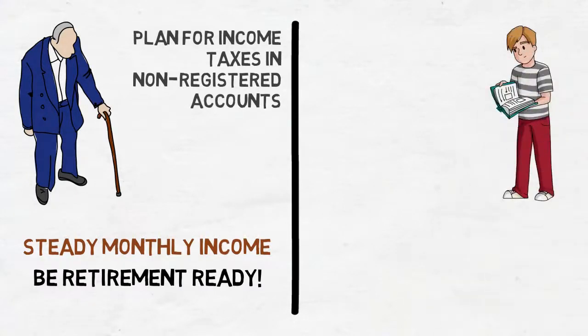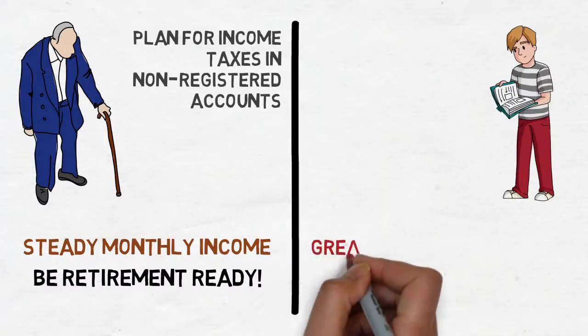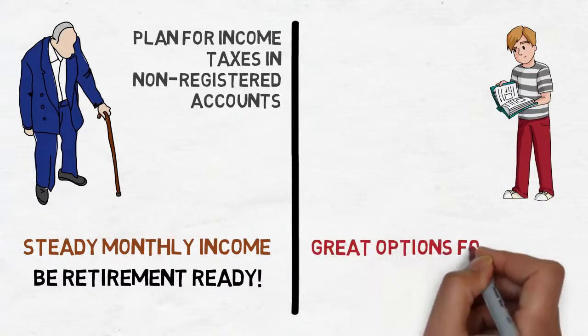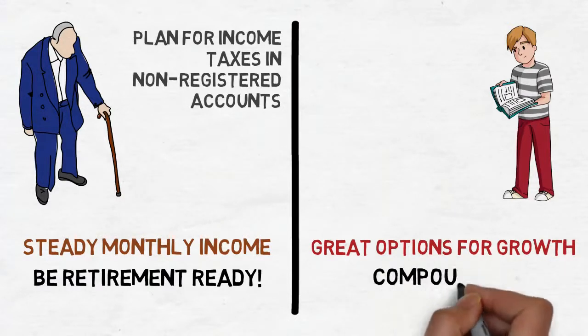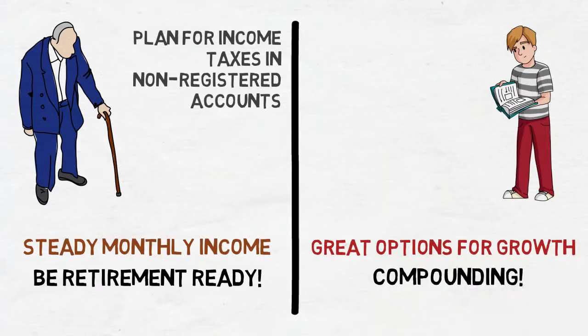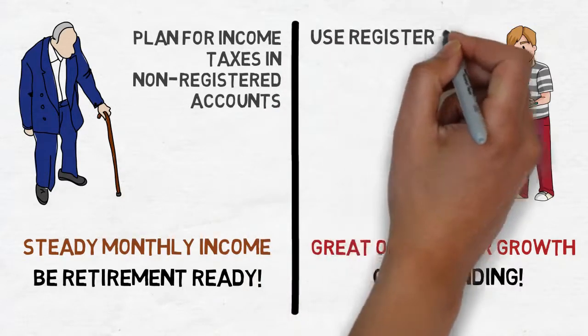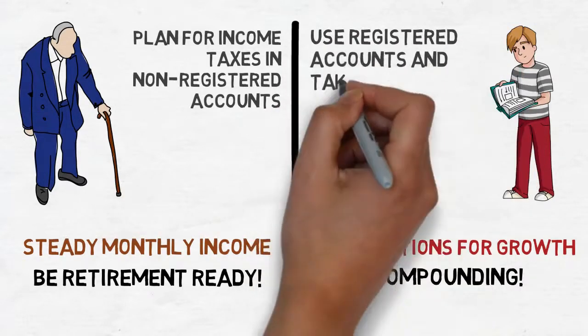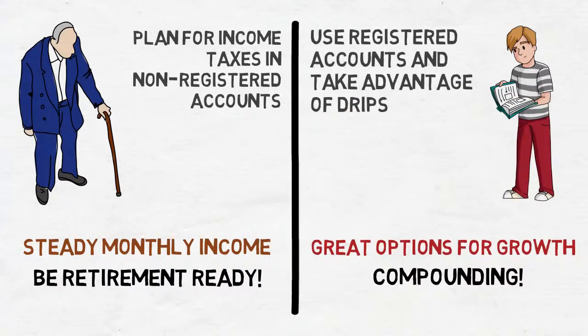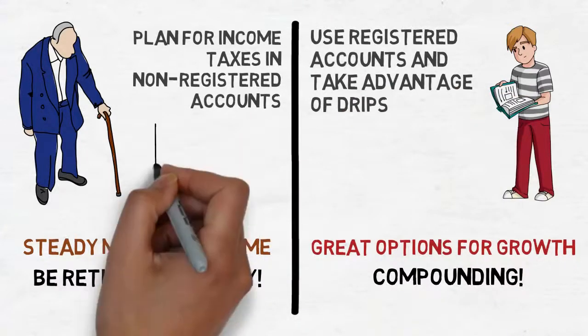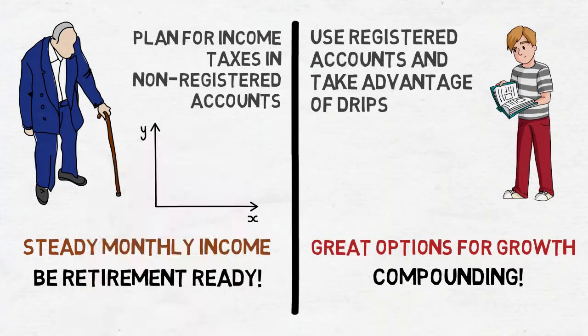If you're getting close to retirement, you can hold it in a non-registered account. You will be taxed every single month on that dividend income, but it can be a source of steady income. And the opposite is, if you're young, you can focus on registered accounts, have that income reinvested and compounding year after year, and build a pretty significant dividend portfolio over the years.